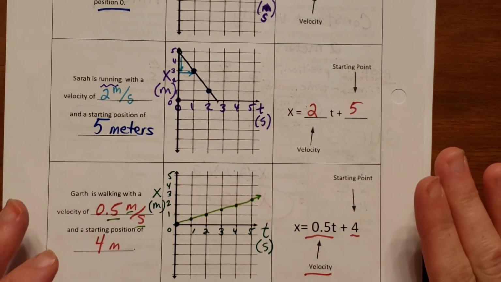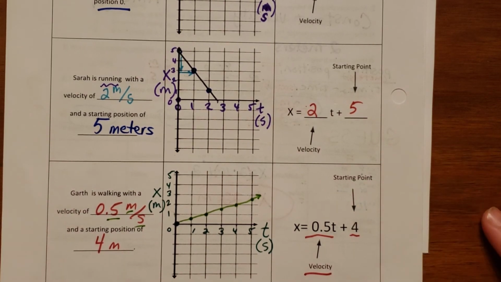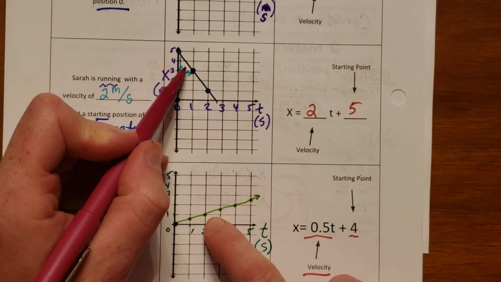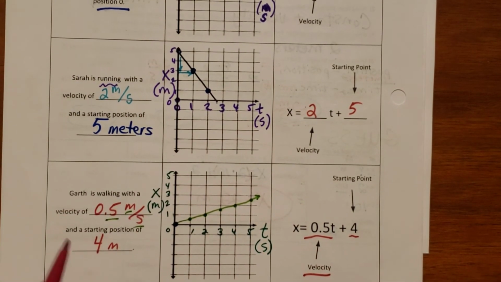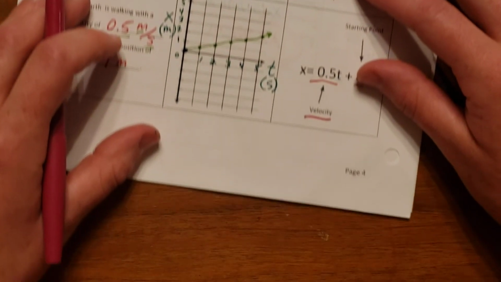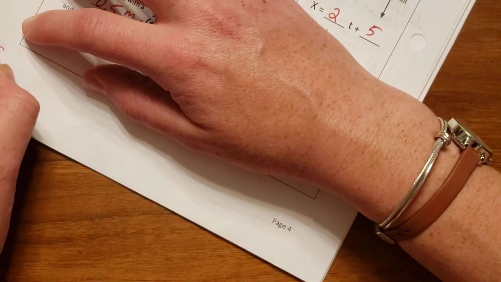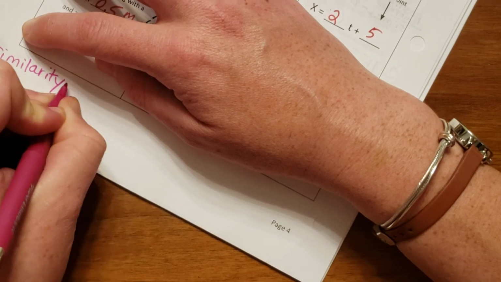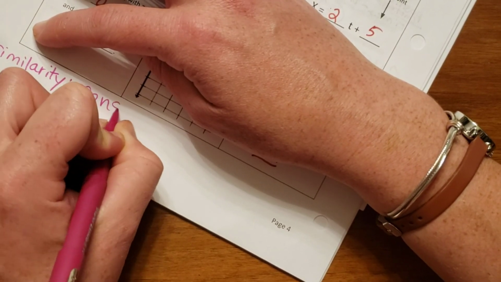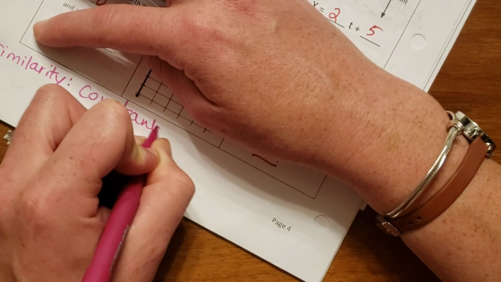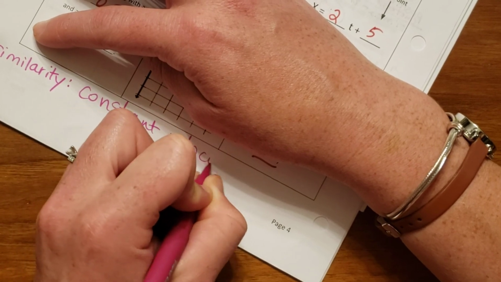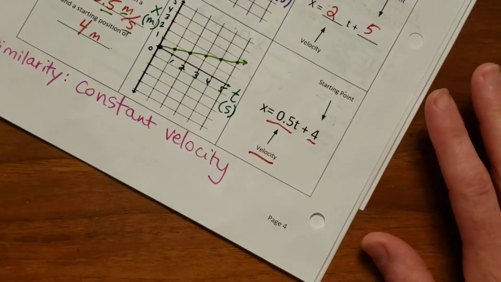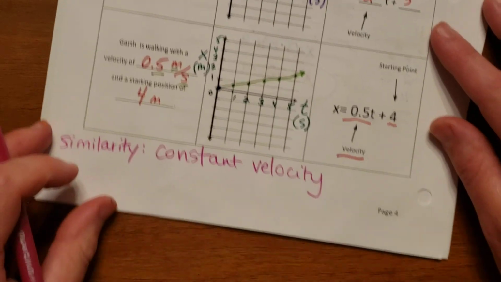I see 1 similarity, linear lines. Those two linear lines tell me constant velocity. I'm going to write that down right here. All right. There's two differences, though.